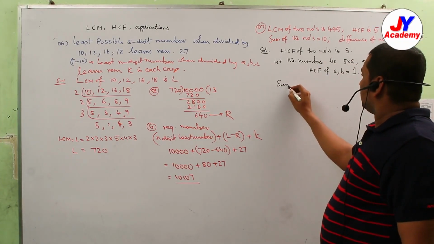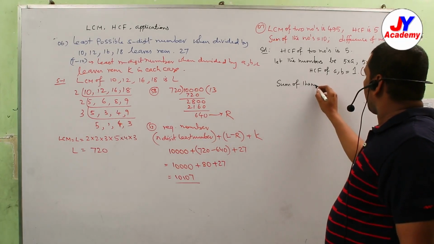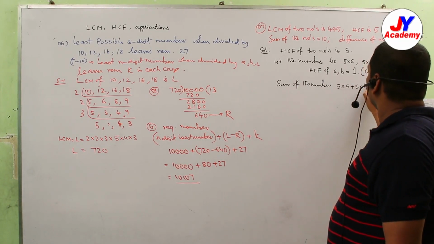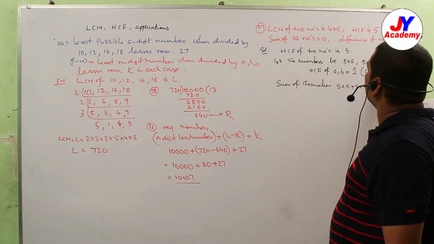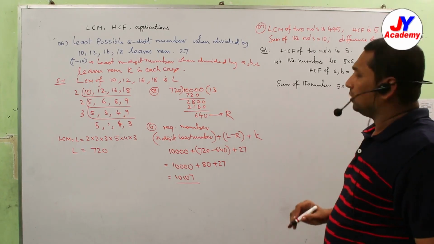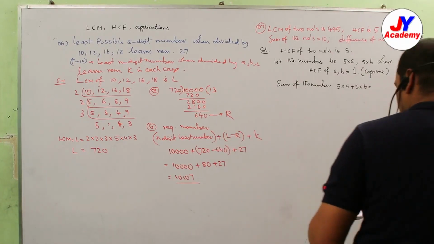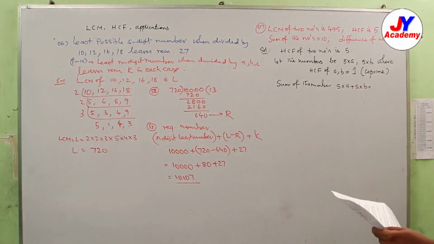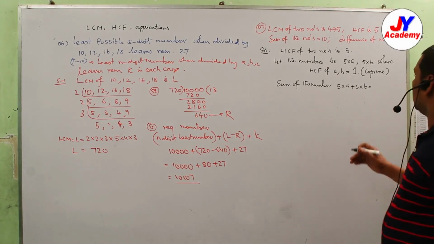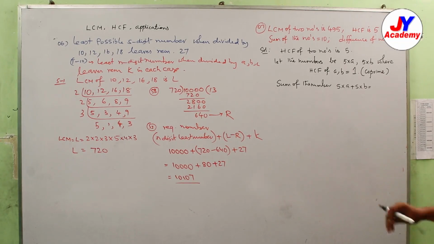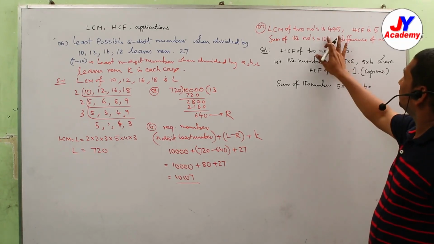Now the sum of the numbers, 5 into A plus 5 into B is equal to... sorry, what is the question given? The difference is 10, the sum is not given, the sum is not 10.